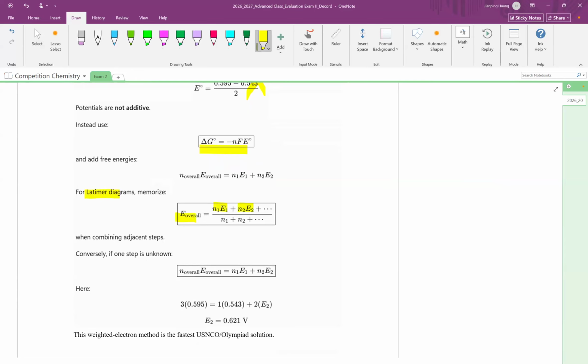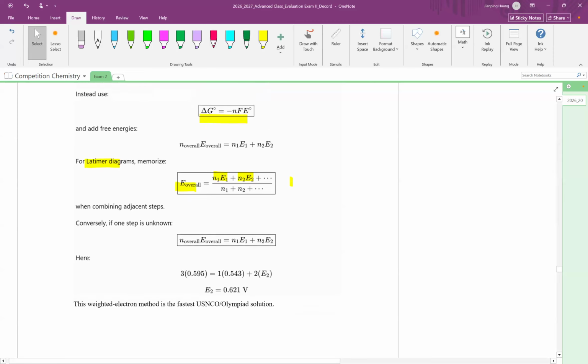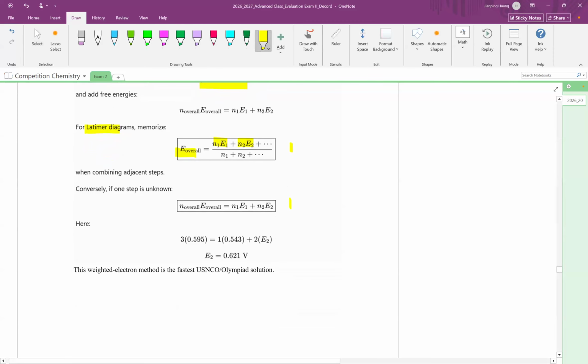See, this one. In chemistry all the time, such as you used to see, like you have 2 containers with a gas law, right? Now see, the same way. This is the same way to do that. This is the weighted electron method. It's the fastest way to calculate.